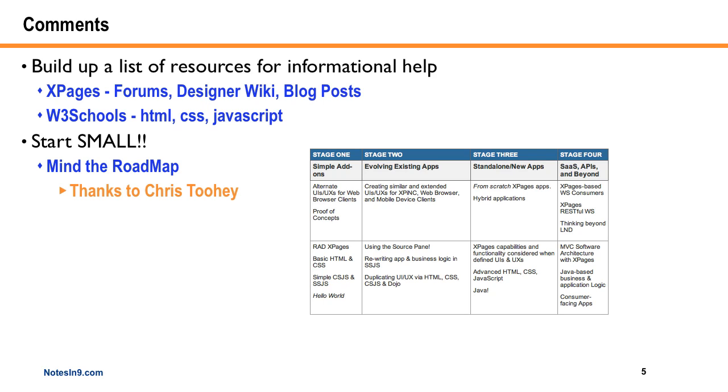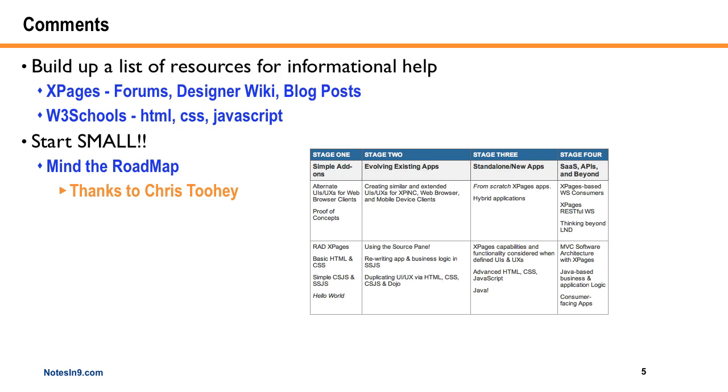And then stage two is evolving your existing applications. Maybe getting into the source panel, maybe getting to some business logic inside, some server-side JavaScript libraries, etc. And then stage three, as he calls it, is starting an application from scratch. Some more advanced kind of HTML and CSS stuff, maybe touching Java.